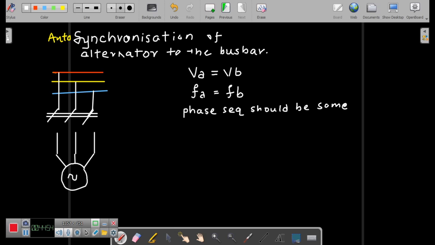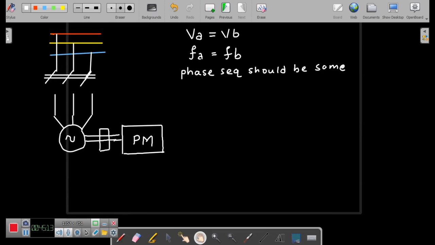For this purpose, you have two very common aspects here. One is the prime mover. These backgrounds you should try to understand. The second thing is the excitation.